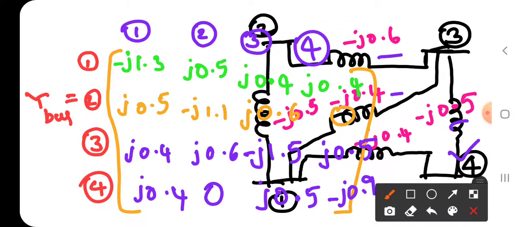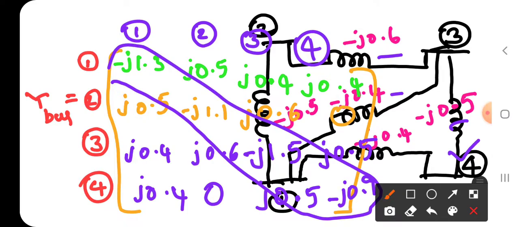Here the first thing is all diagonal elements are mostly negative values. And off diagonal elements are symmetric.